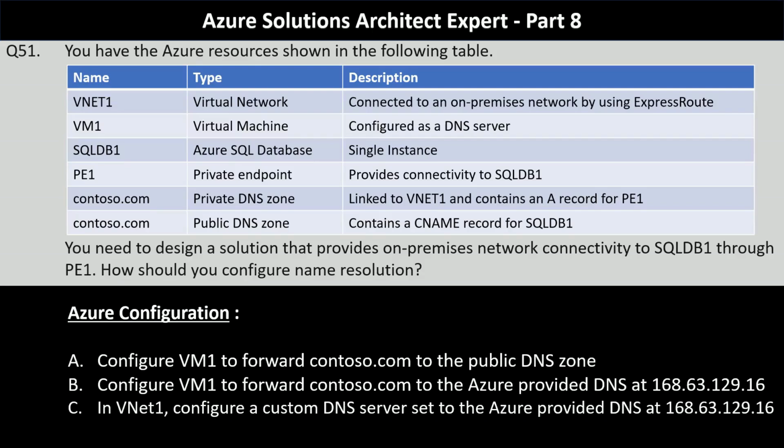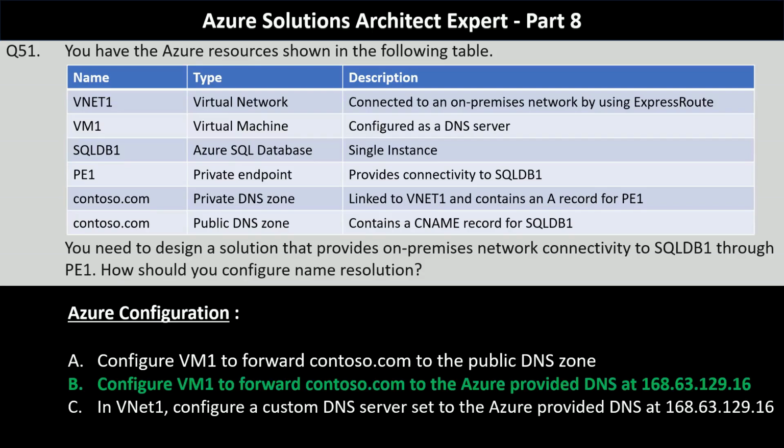And folks, the correct answer here is option B. Configure VM1 to forward contoso.com to the Azure provided DNS at 168.63.129.16. This setup allows the DNS server on VM1 to forward DNS queries for the contoso.com domain to the Azure provided DNS. The Azure DNS can resolve the private endpoint to its private IP address.